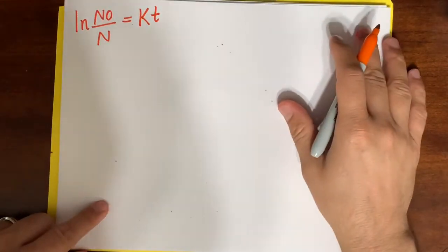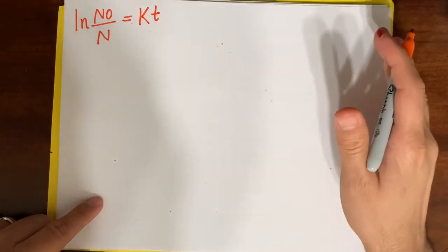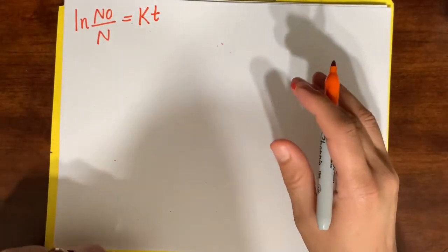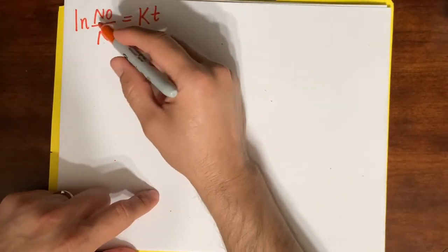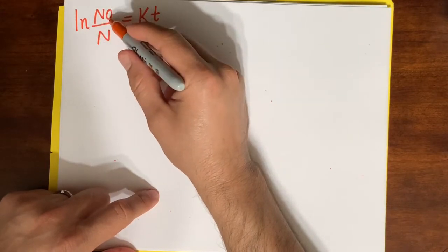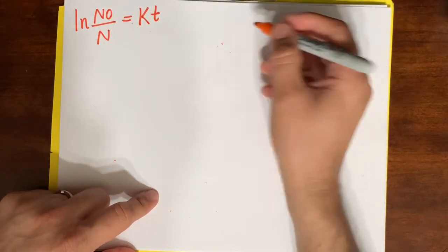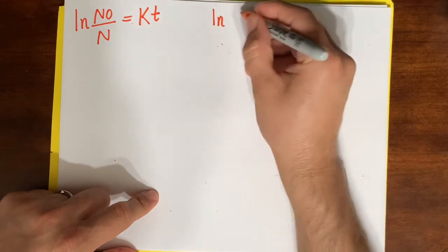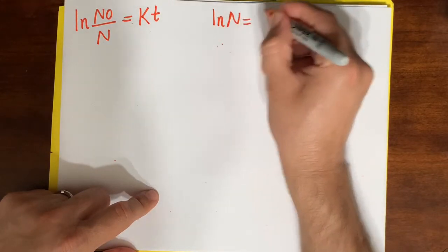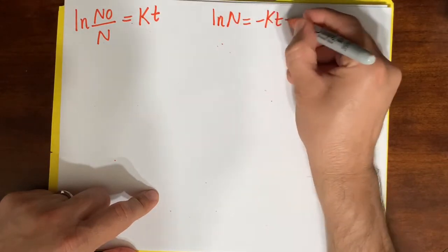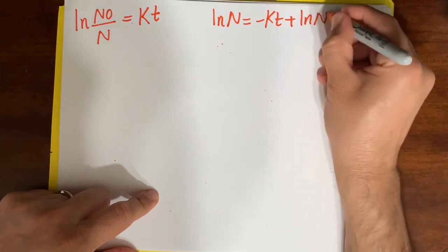If you are Chem 1515 students, you might say, how come you're writing ln of N0 over N instead of ln of N? And you might go with this one, ln of N equal to minus kt plus ln of N0.